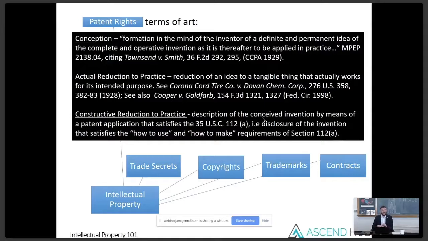Now, the provisional patent application allows inventors to describe the conceived invention and get fake reduction to practice long enough for them to actually reduce it to practice for the full patent registration. This is obviously a time-limited allowance, but it is an allowance that gives inventors a little bit more protection when they're reducing their invention to practice.